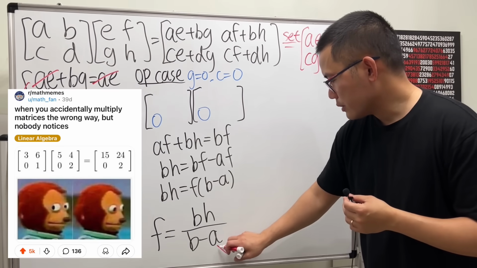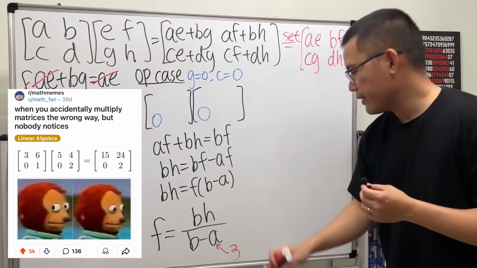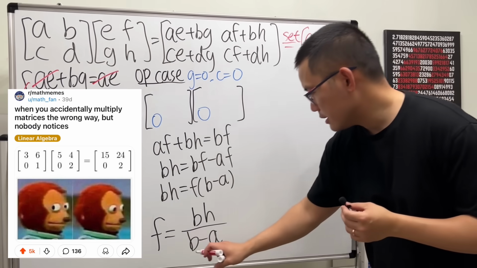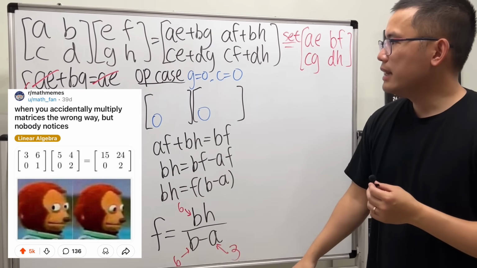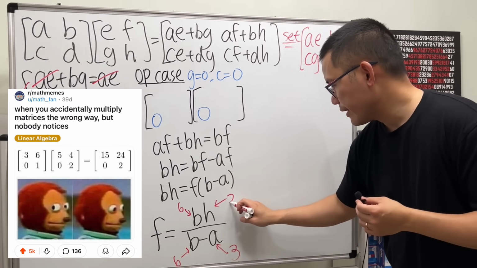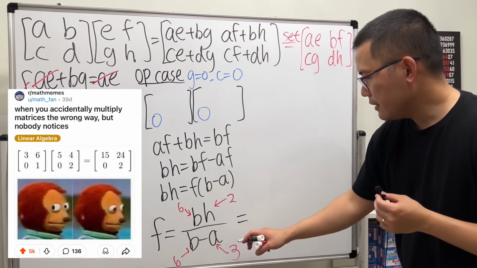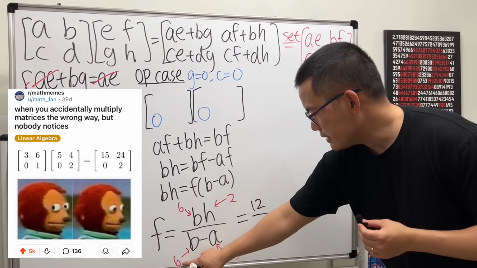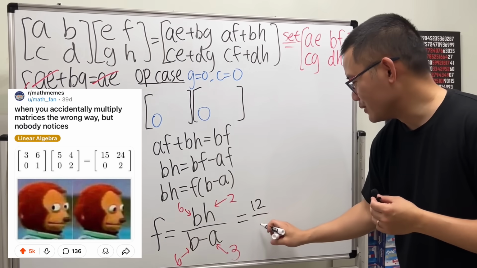So let's see. In the original post, the first entry here was 3, so we pick 3 right here. Next, for B, it was 6. So this right here is 6, and this right here is also 6. And lastly, H is 2. So with all these choices, we see that F is going to be 6 times 2, which is 12, over 6 minus 3, which is 3.